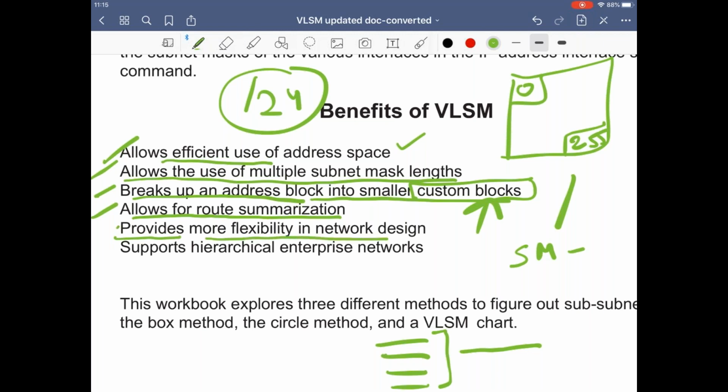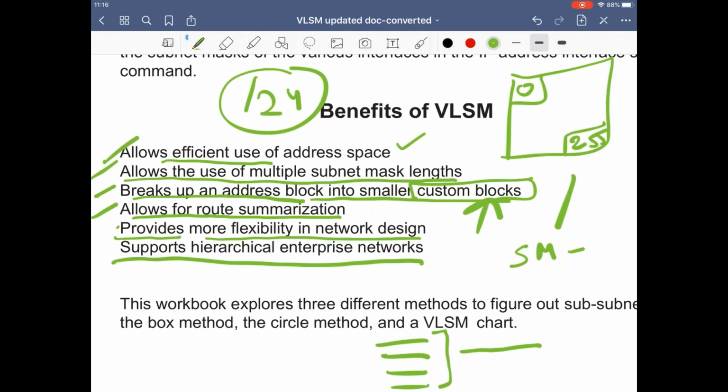After that, it provides more flexibility in network design. We can design our network in our own way, how I want my network. So as a network engineer, I can design my network, and VLSM provides more flexibility. It supports hierarchical enterprise networks.